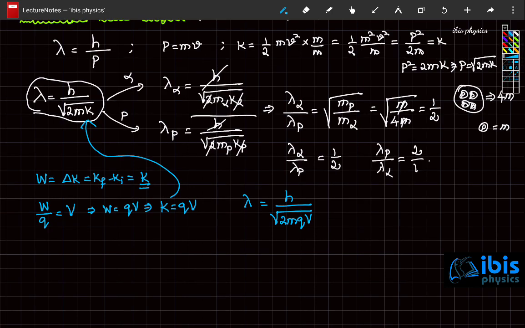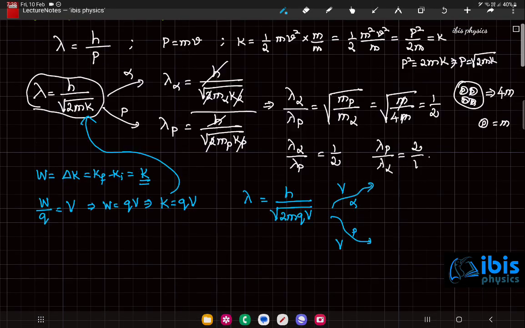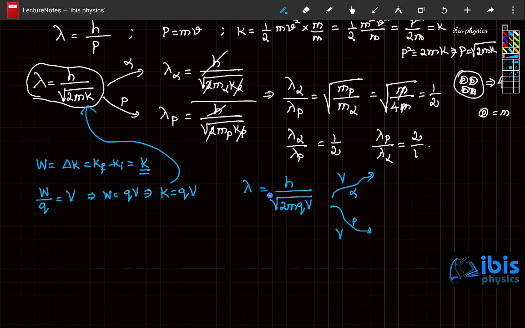So suppose they say an alpha particle and a proton are both accelerated by the same potential difference, what is the ratio of their wavelengths?